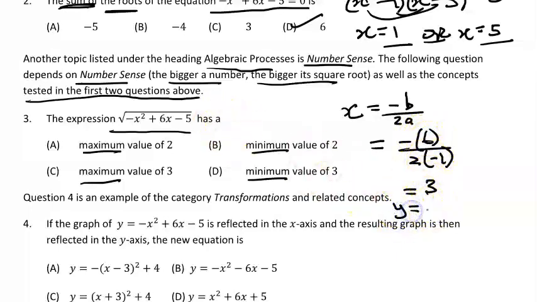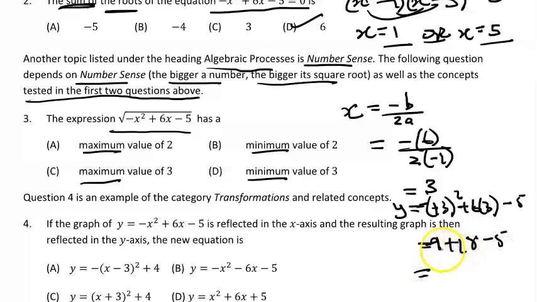So y equals minus 3 squared plus 6 times 3 minus 5, which is equal to minus 9, oh, I put the minus on the wrong side. So the minus will be here. That will be minus 9 plus 18 minus 5. So we'll have 9 minus 5, which is equal to 4.